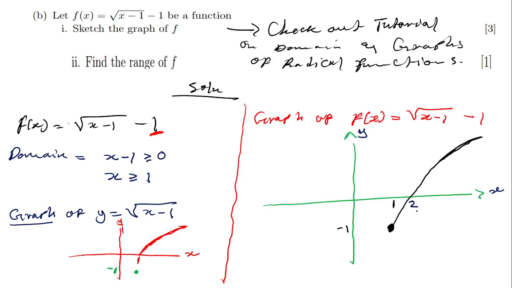From this graph, you find that it is starting from -1 going up, of which this side is positive infinity, and this side is negative infinity. So the range is within this side. So the range will be open square bracket -1 comma infinity, and then close bracket.